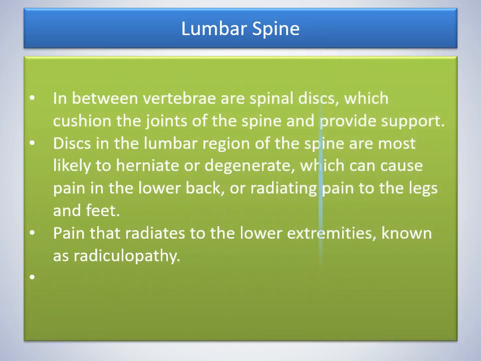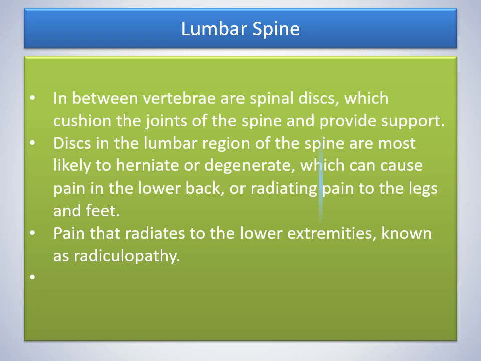On the lumbar spine, you're going to look into what we call the vertebral spaces. The spinal discs are part of that space, which helps to cushion the joints of the spine and provides support during movement of the hip and the lumbar spine.